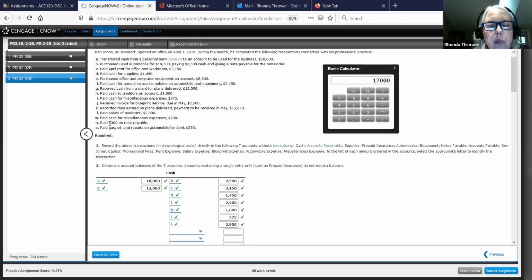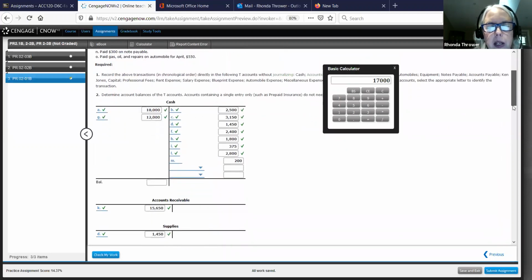In M, you paid cash for miscellaneous expenses. So M, you paid cash of $200. My cash account decreased. To make cash, which is an asset, go down, it has to go down on the credit side. I paid for a miscellaneous expense.